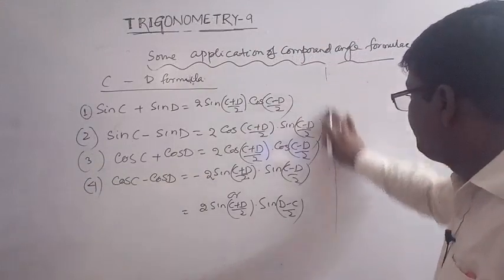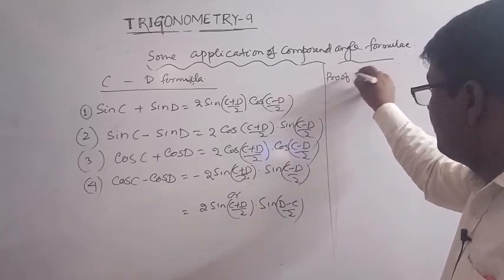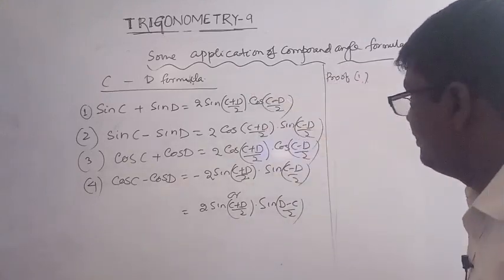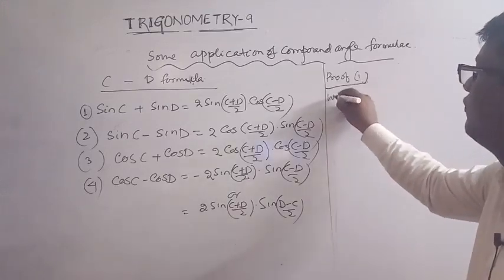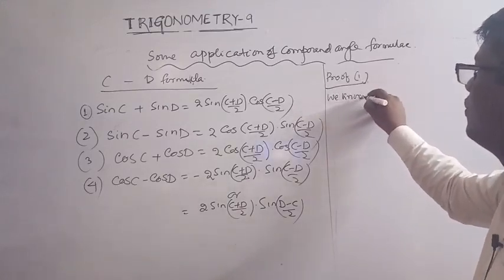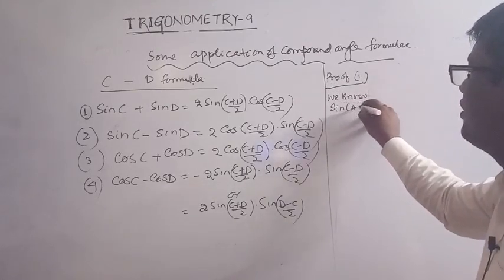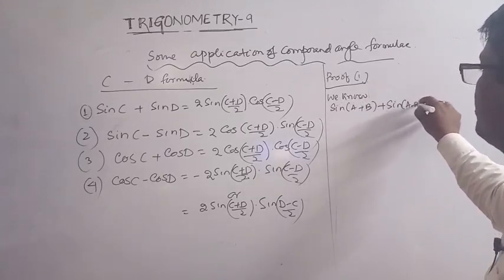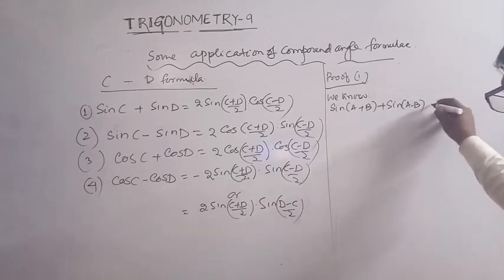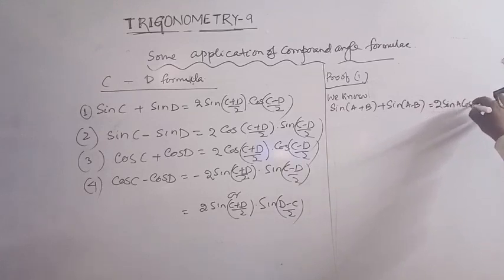Proof of the first. We know sin(A+B) + sin(A−B) is equal to 2 sin A cos B. This is from the previous formula.